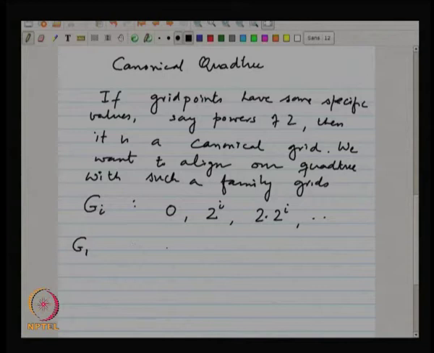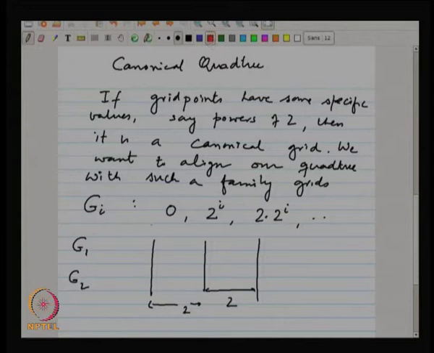So G_1 would be spaced 2 apart. Those are the coordinates, so everything is spaced 2 apart. And G_2 will be 4 apart. So every alternate point will be in G_2. G_3 will again take 2 of these.